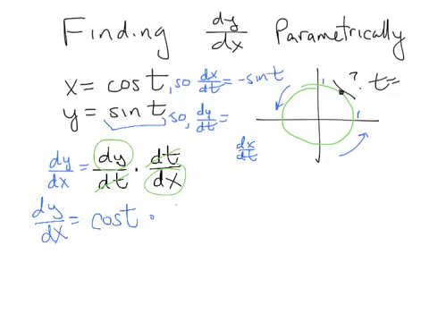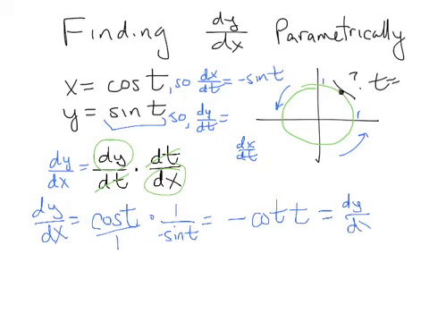So we multiply by that reciprocal, negative sine t flipped over. Now you multiply fractions straight across, and cosine over sine, if you recall, is cotangent. So that would be the answer for dy dx. The derivative of the y component with respect to the x component.